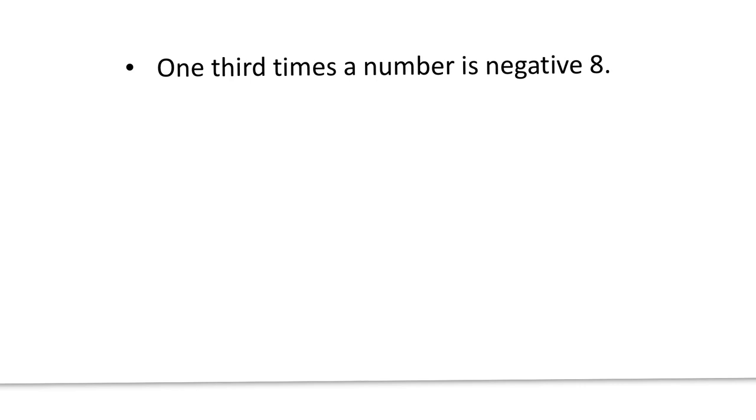And the last one I'm going to show you today is how to write an equation from a sentence and then solve that equation. So if you read the sentence here, it says 1/3 times a number is negative 8. So we know we have to multiply. We know what is 1/3. Number is just a variable.